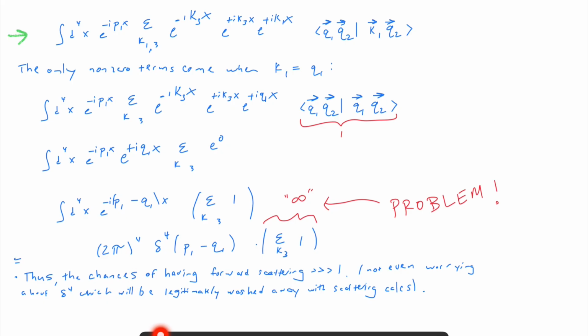What this physically means is that the chances of having forward scattering are nearly infinite, and that's not even worrying about this delta function. So this is a problem in our calculation. If we looked at all the different situations, we would basically get infinity, which is overwhelmingly large for no scattering, or at least if one part forward scatters, that situation would be infinite, and there would be no other possibility for anything else, which is contradicting our experiment.